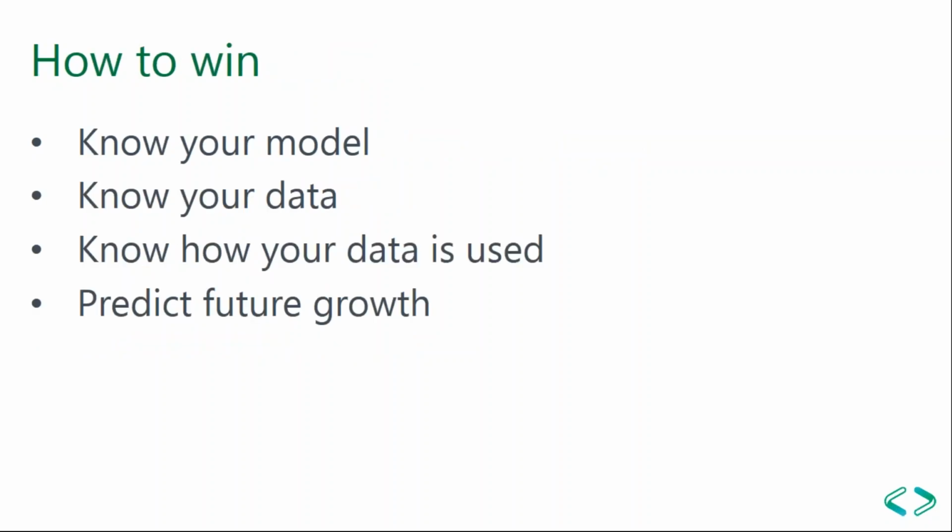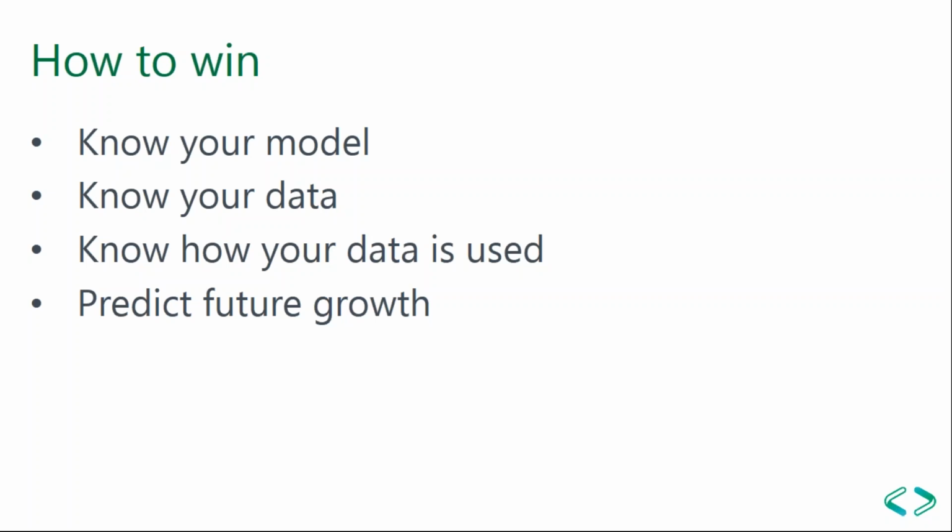So to make a good consideration, to make a good decision, you should know three things. You should know your model, your entities, your relationships. You should know your data. How many records will be placed in your database? 10 rows or 10 million rows?